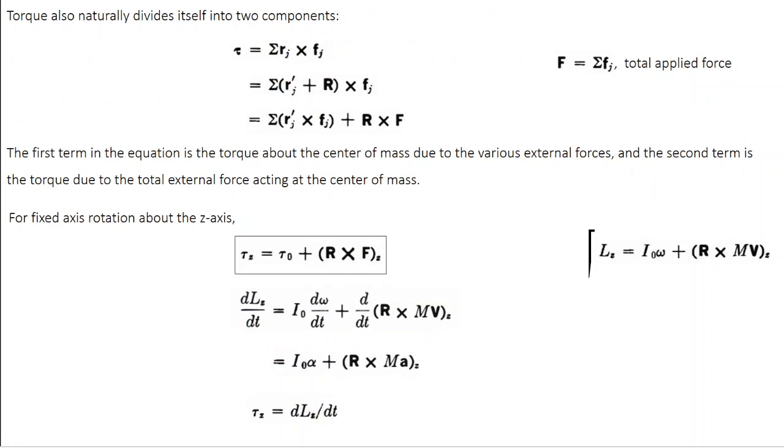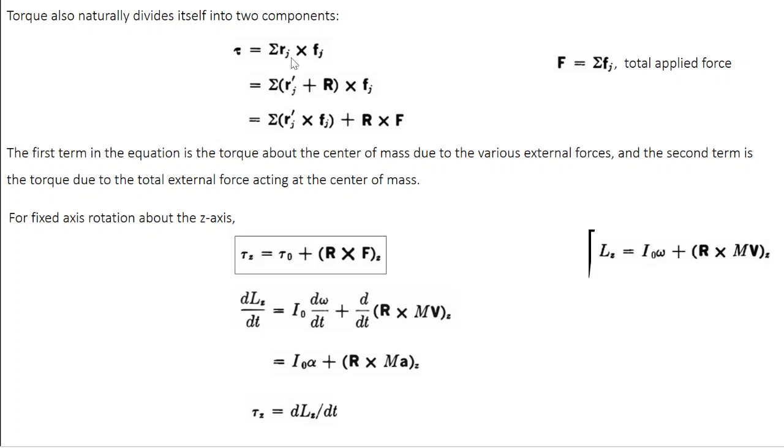Since angular momentum has two components, the torque also is going to have two such components. So let's see what the expressions for this are. I can write in general torque tau equal to summation over j rj prime cross fj.